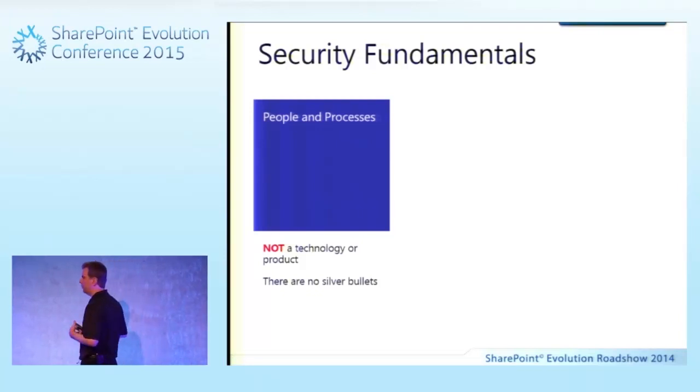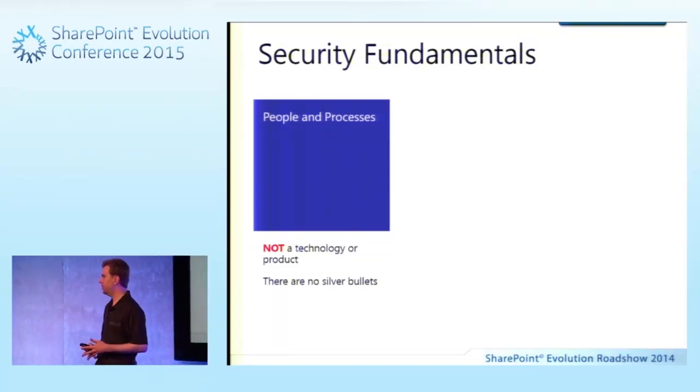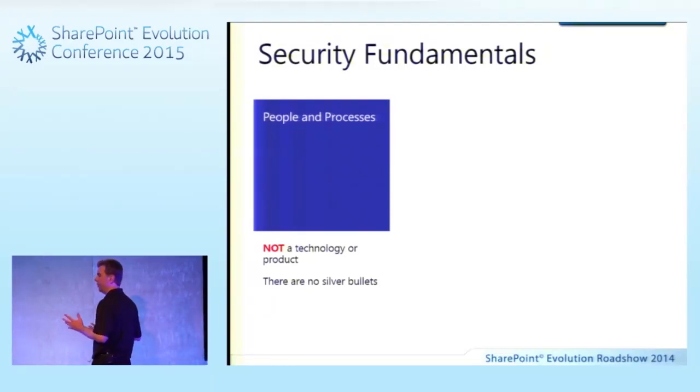So it's not really about products. It's not about buying a piece of software that can make things more secure. It's not about doing penetration testing. All of these things have value, but the reality is, if you think of it from an operational perspective, it's the people and the processes that really define whether you have a level of risk management in the environment. There are no silver bullets.